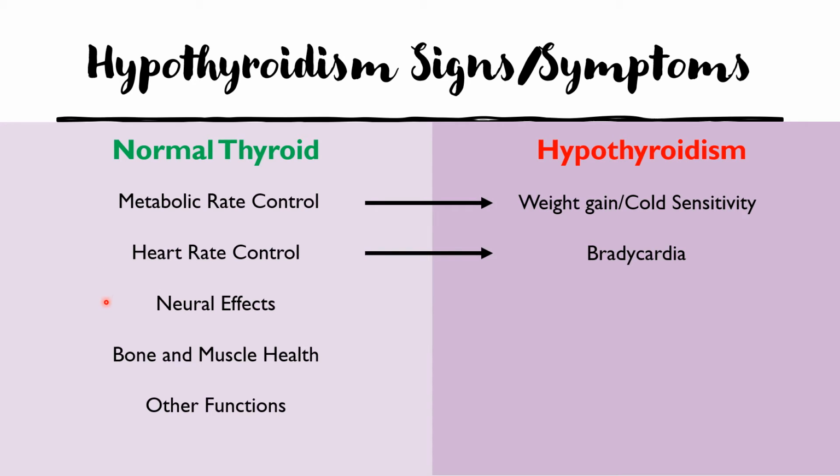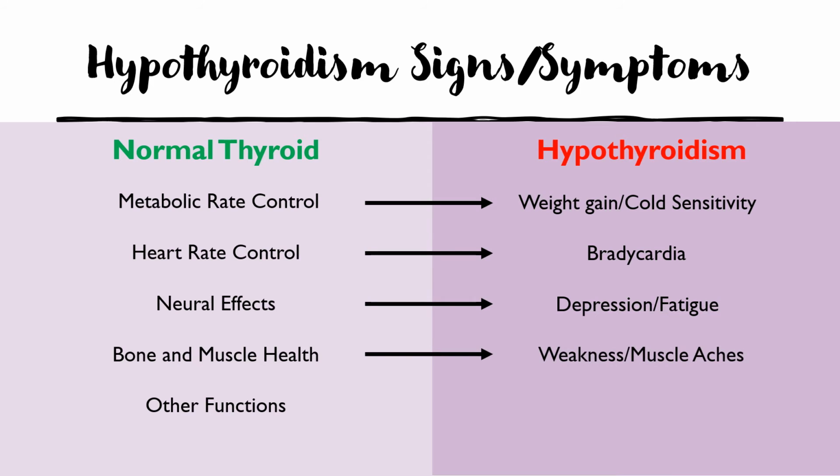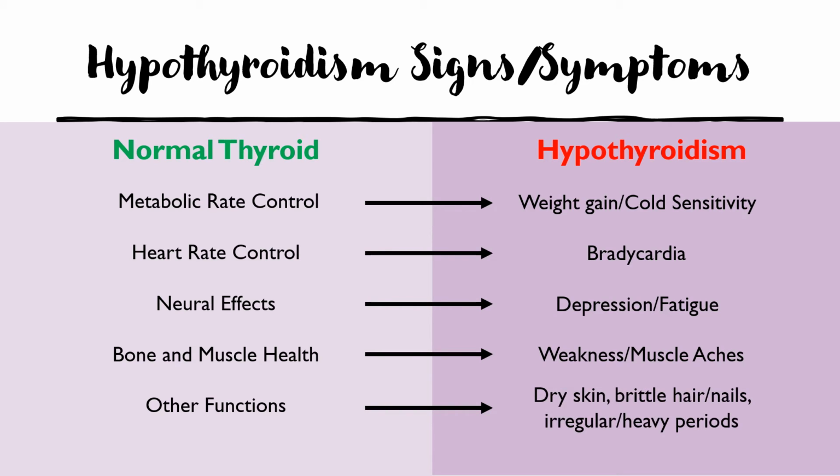The thyroid also has multiple neural effects. So in hypothyroidism, there may be depression or fatigue. The thyroid is also involved in bone and muscle health. So if there's reduced thyroid activity, it can result in weakness and muscle aches. There are also some other symptoms of hypothyroidism, such as dry skin, brittle hair or nails, and irregular or heavy periods as well.